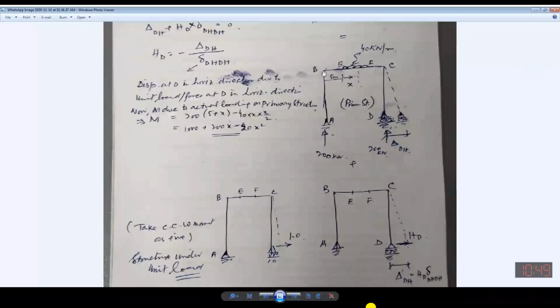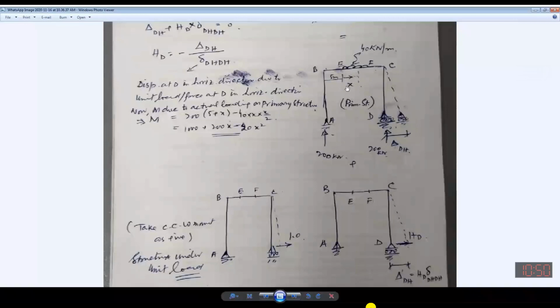Now this force into this distance is 200 into 5. This is the absolute value because origin is this one. So it will be 5 plus x. The variable is x. In this part, in this distance E to F, this is varying, so it will be in the form of x. So 200 into 5 plus x. Okay?